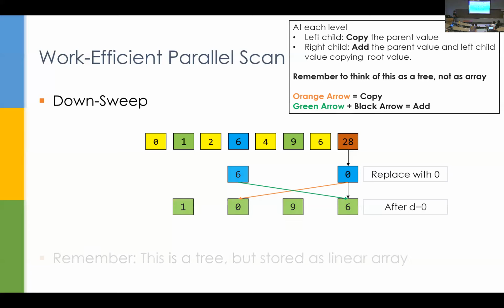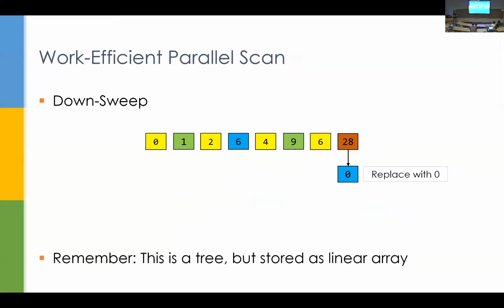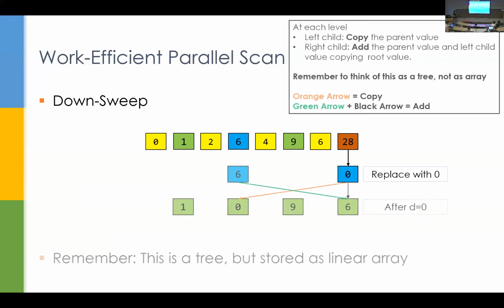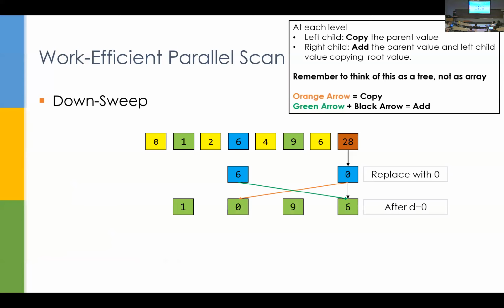So if I were to start again, rule 1 is replace root with 0. Okay, done with that. Now, our first operation is copy root. So index 7, copy it into index 3, which is the orange arrow.